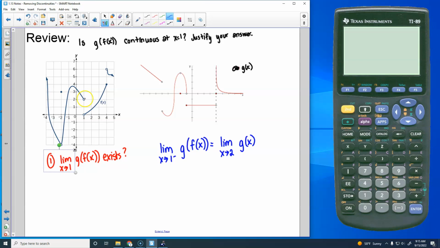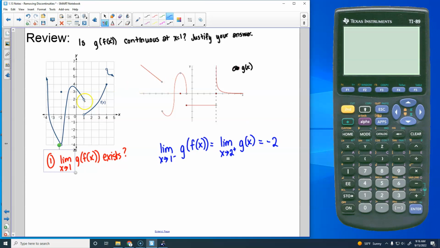Above, right? So we're thinking about from the right here. And so it really doesn't matter for this particular problem, because at 2, what does g of x approach? -2 from both sides, so it's also from the right. So we get -2. So our limit from the left of g of f of x is -2.